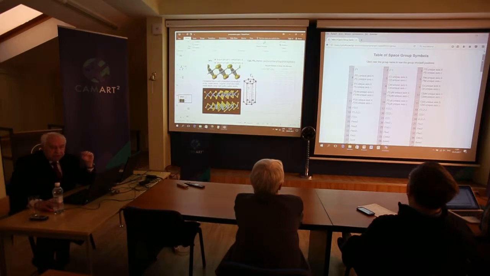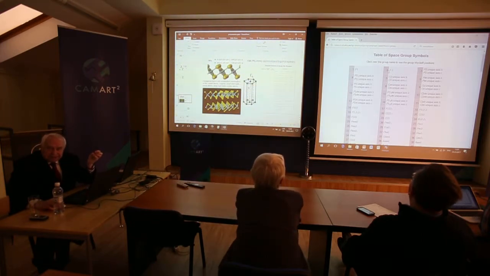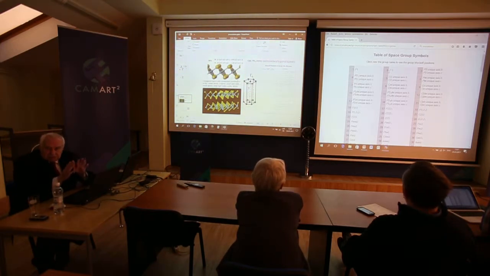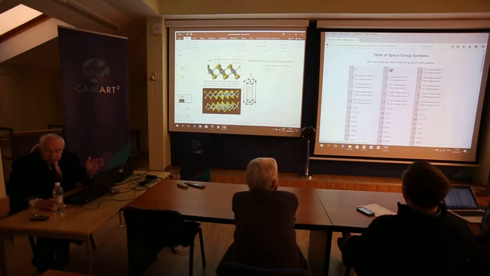They are ordered in the order of increasing symmetry. Groups 1 and 2 correspond to triclinic symmetry, when the lattice has 3 different lengths of lattice translations and 3 different angles. The least symmetric position. This is P1 and P minus 1.